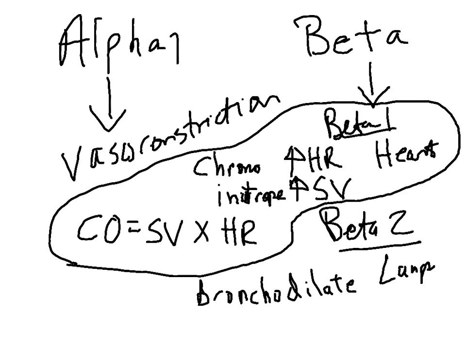Others are going to be beta 1 specific or beta 2 specific. There's one drug I can think of that is beta 1 specific and really just is a positive inotrope. So what would that do for you? Beta 1 specific positive inotrope is not a positive chronotrope. What's it do? Increase the stroke volume. Pump your stroke volume up. It's called dobutamine. It's excellent for what condition would you think?